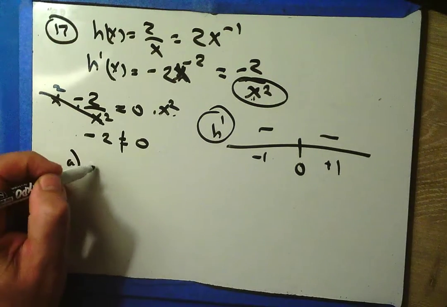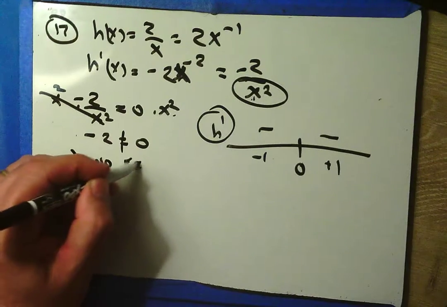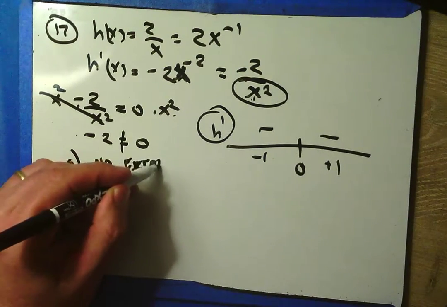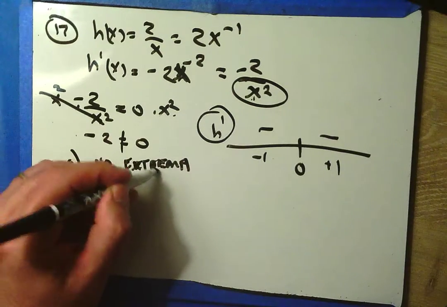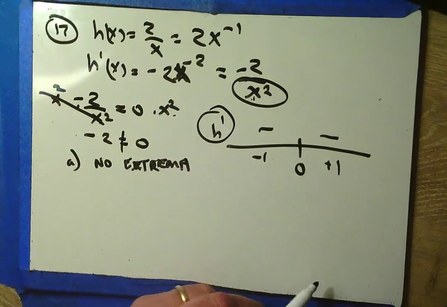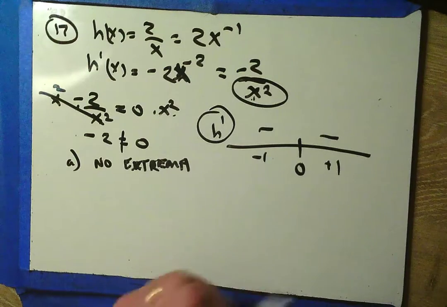So part A, no extrema. And how do I know there are no extrema? Because I see no sign changes on h prime. I need a sign change on h prime in order to know that there's going to be a max or a min.